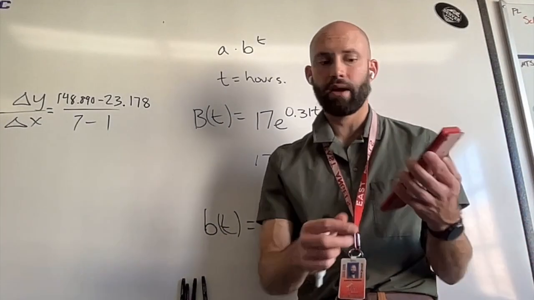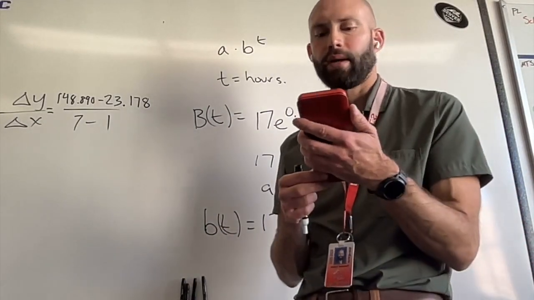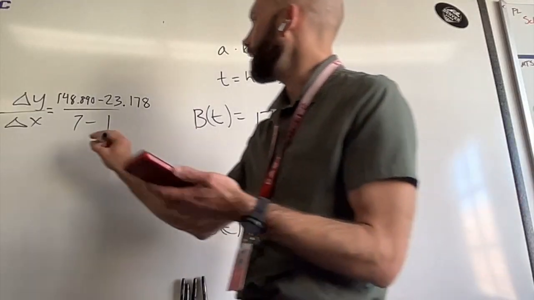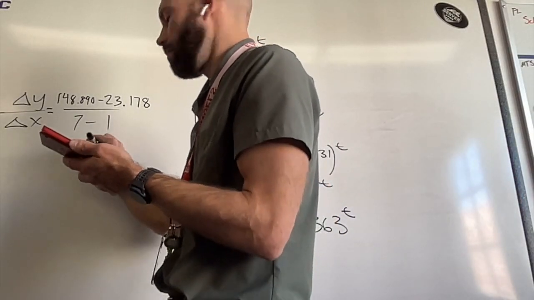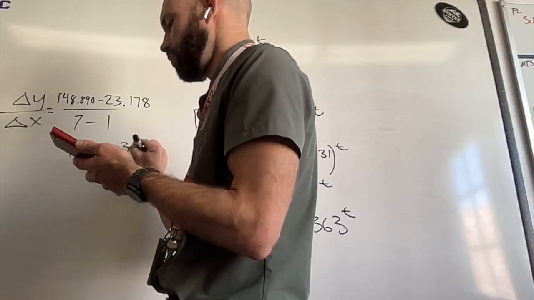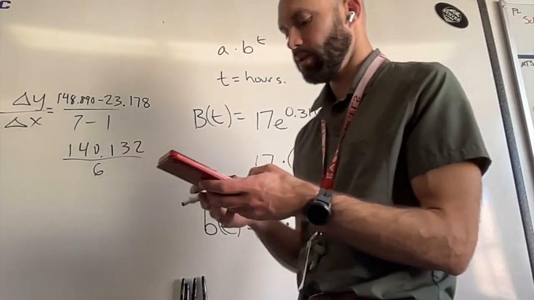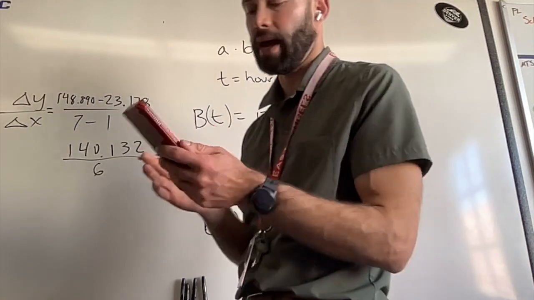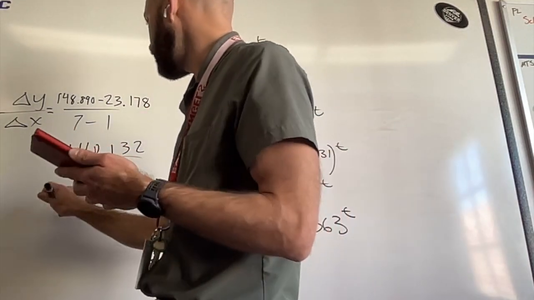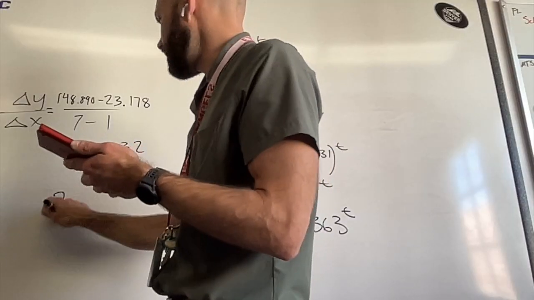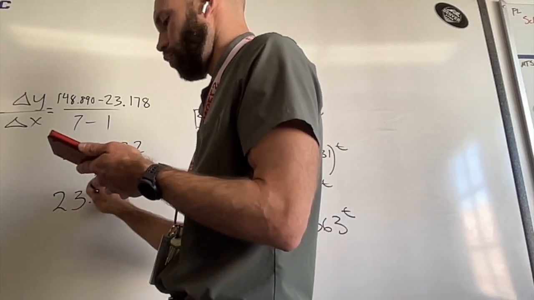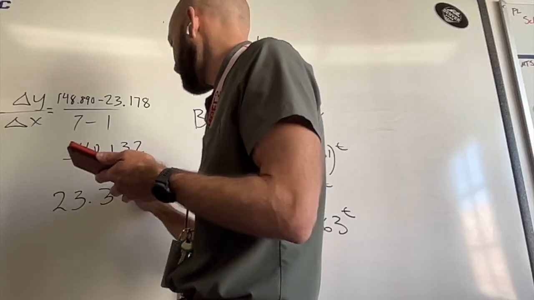So you get the most accurate answer you can. I'm going to press enter and I get 140.132, and it continues, and then I'm dividing that by 6. So I'll just press divided by 6. It copies my answer. And our final answer here for the rate of change over that interval is 23.355.